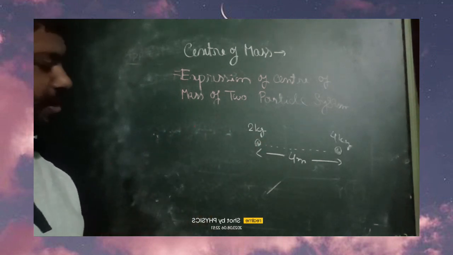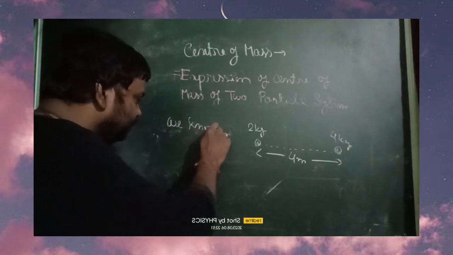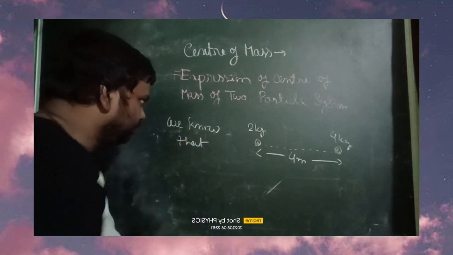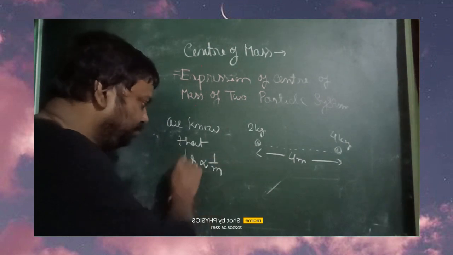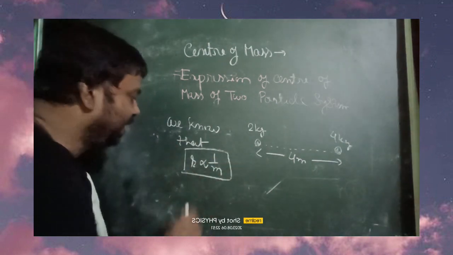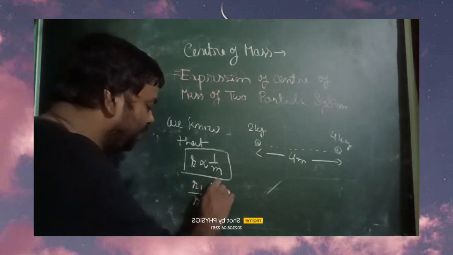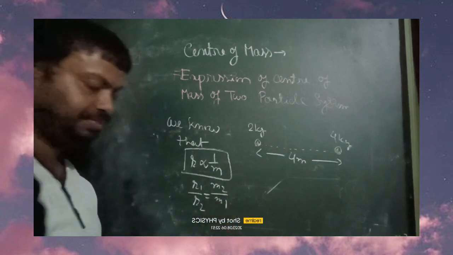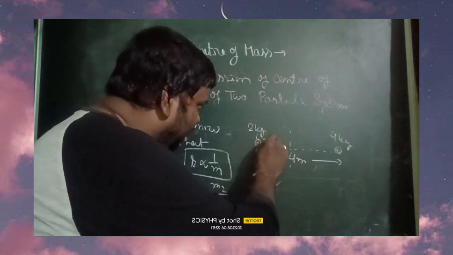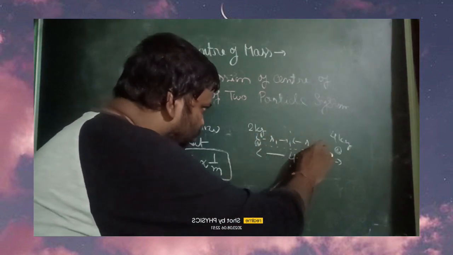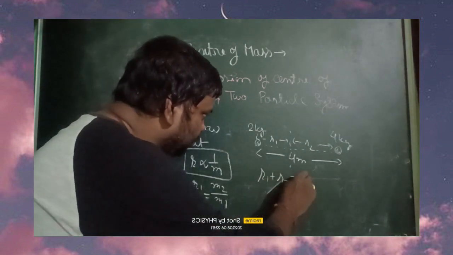Now to find the center of mass, we know that the distance r is proportional to 1 by m. From that we have r1 by r2 equals m2 by m1. If we consider that this is r1 and that is r2, we also have the equation r1 plus r2 equals 4.